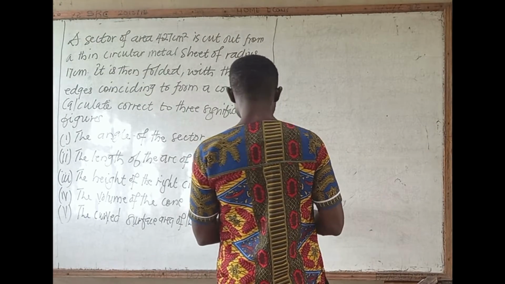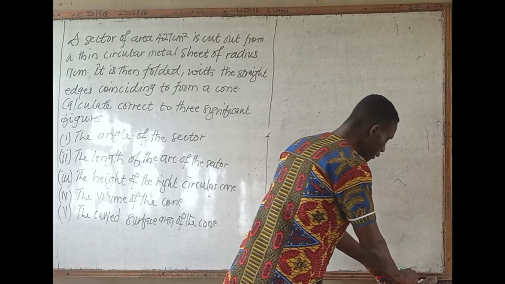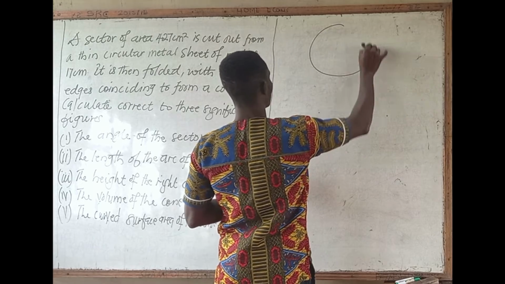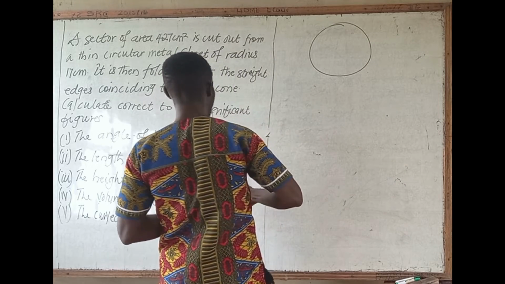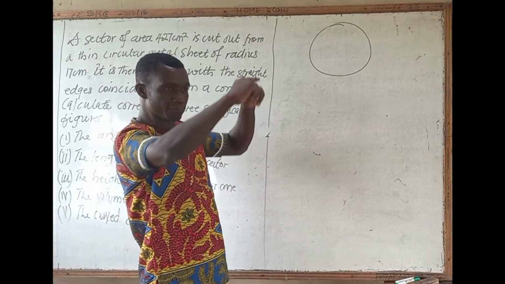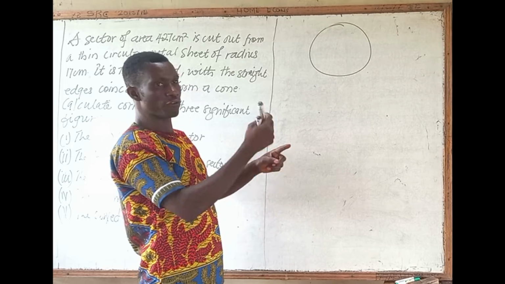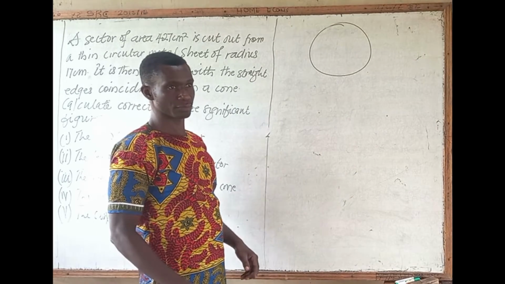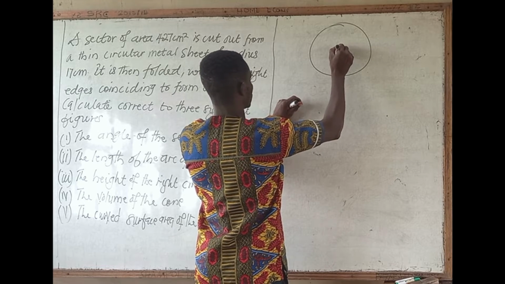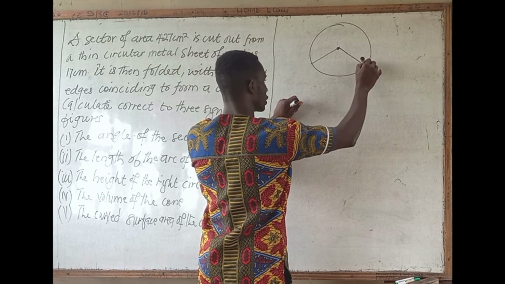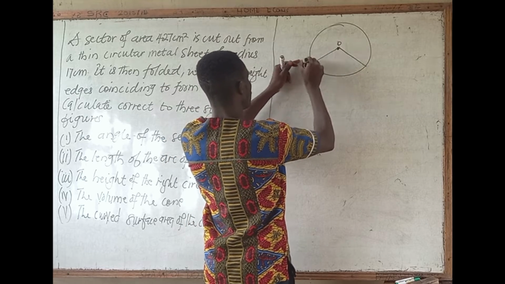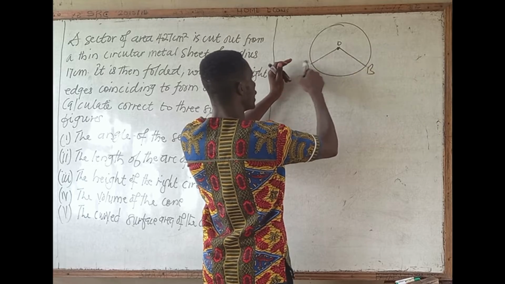All that this person is talking about is that if you have a sector, what is meant by a sector? A sector is created when you have two radii cut off by an arc. Then it becomes a sector. So if you have this radius cut off by this arc, here is A, B, O. AOB is a sector.